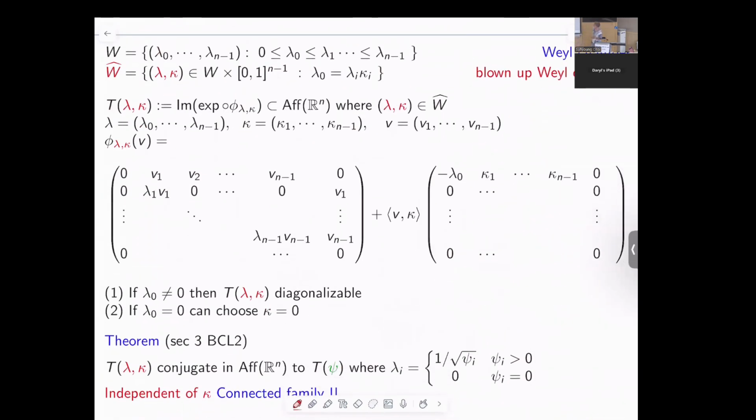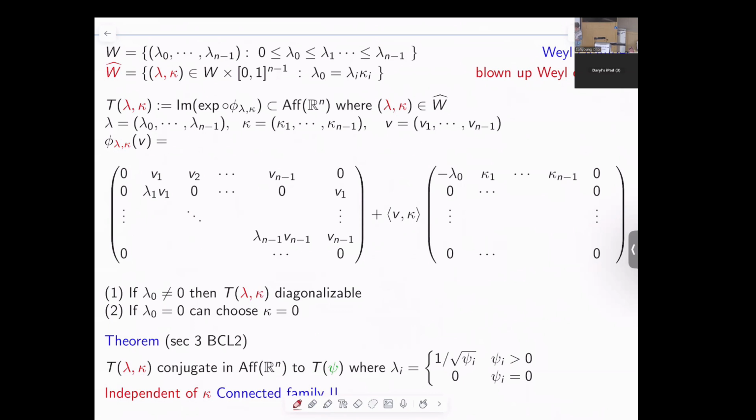Here there are more parameters, but there's a continuously varying family of Lie groups corresponding to these parameters. And the deal is that each one of these Lie groups is conjugate to one of the Lie groups in the previous discussion. In fact, this Lie group corresponding to parameters lambda and kappa is conjugate to one of these other translation groups.